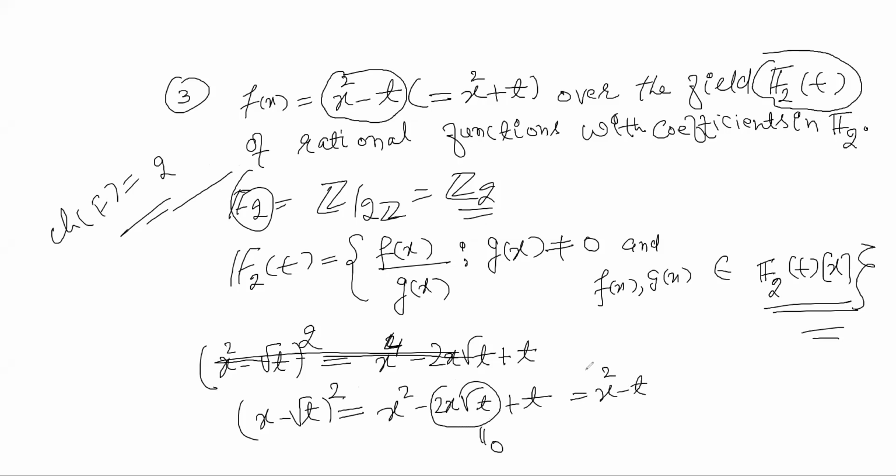And minus 1 is also in f2. Minus 1 is same as 1. So you can also write this as x square plus t. So this polynomial x square minus t is actually the square of this polynomial x minus square root t. Now if square root t is the root of this polynomial, then it is a root of multiplicity 2.